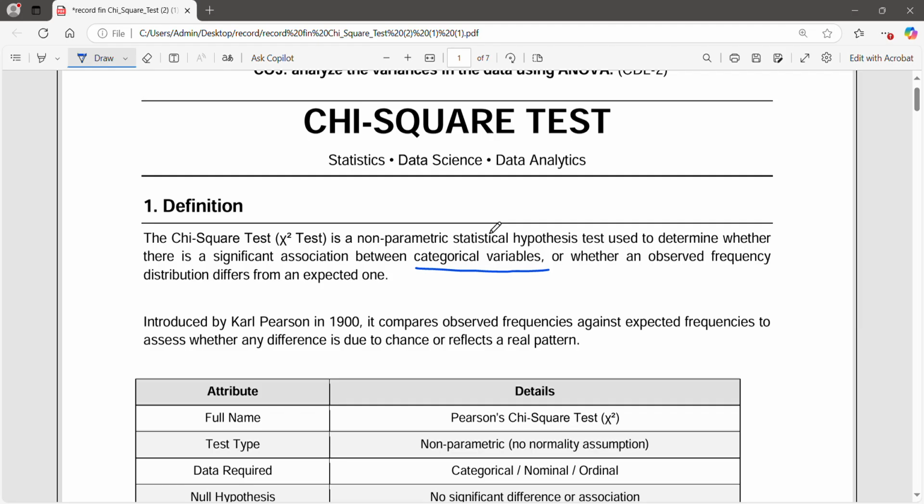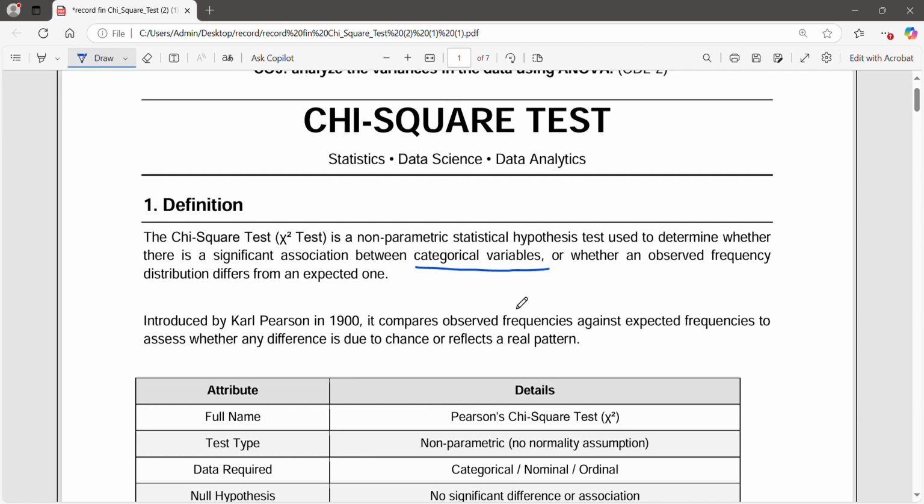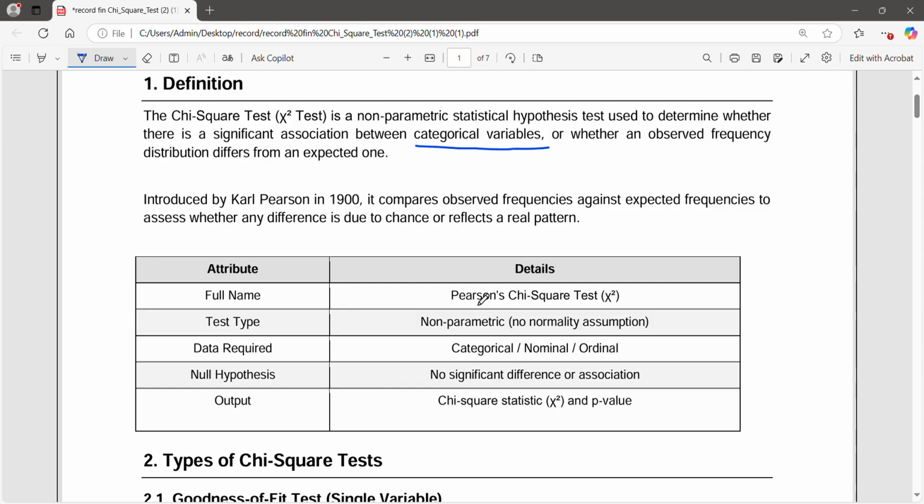That is data grouped into categories instead of numerical values. For example, gender as male or female, customer satisfaction yes or no, that means satisfied or not, the product choice A or B. Those variables are considered categorical variables.